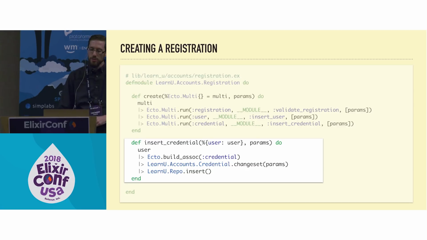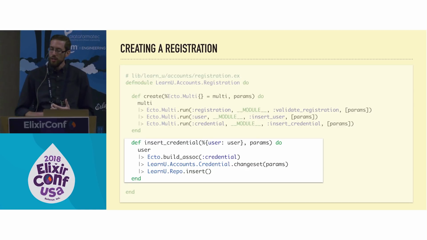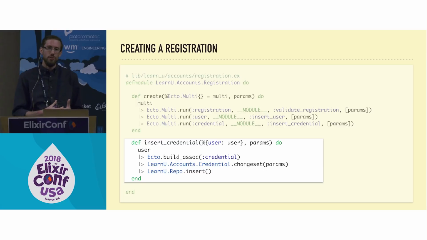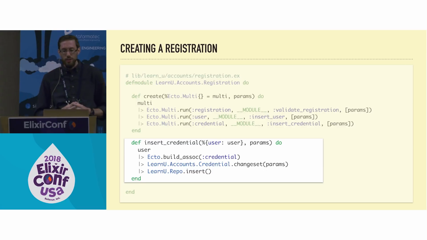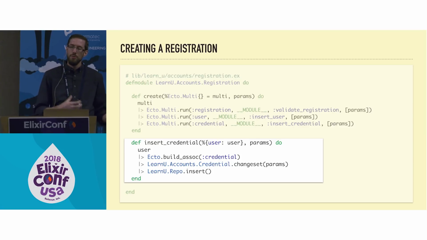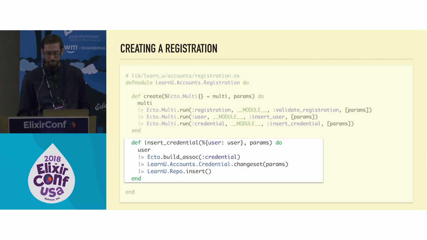Again, the function takes 2 arguments: a map of changes from the Ecto.Multi steps so far, and parameters from the registration form. The function pattern matches the user struct from the map of changes so it can be associated with the credential record. The rest of this should look similar to what we just saw, leaning on Repo.insert to give us either an OK tuple or an error tuple, which informs Ecto.Multi how to proceed.